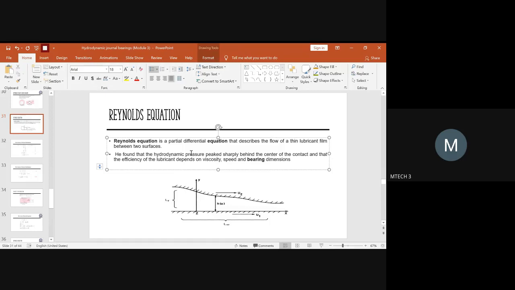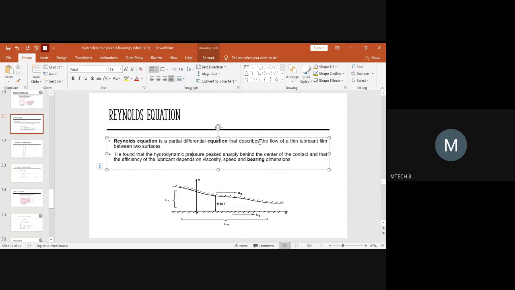And you know what is meant by a Reynolds equation? Basically, it is named after Mr. Reynolds, and this gives you a partial differential equation. This equation describes how the lubricant film flows, and it is mainly assumed that the lubricant film we use will be very thin.